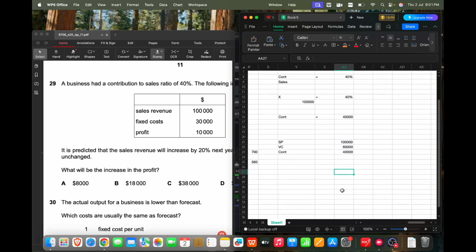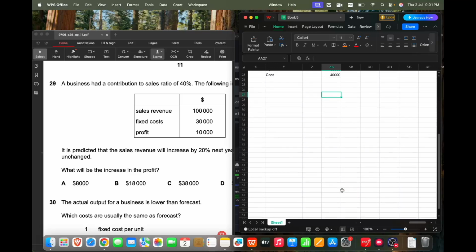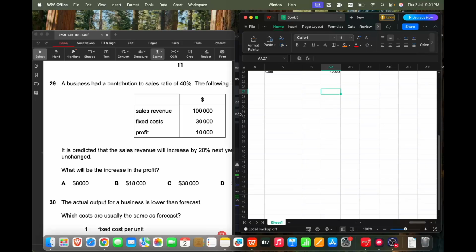Another way we can calculate the variable cost is, just look at this table out here. Sales or the revenue is 100,000. Now from this 100,000 I need to subtract fixed cost and variable cost to calculate profit. Fixed cost is given as 30,000.